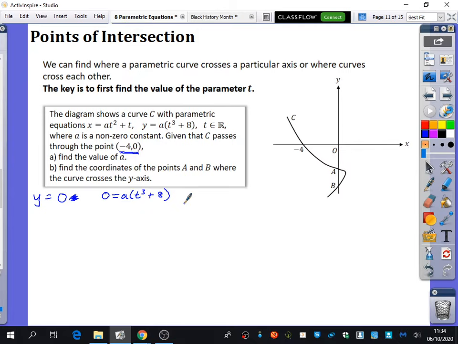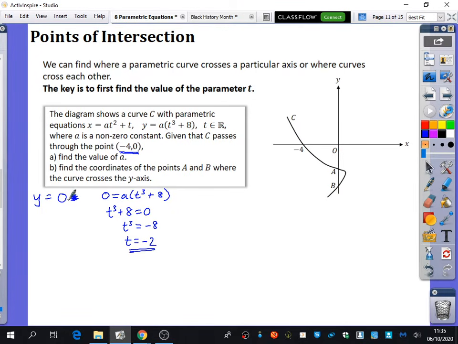T is going to be equal to -2, because either a is equal to 0, but we know that a is not equal to 0 because it's told us that in the question, or we know that t cubed plus 8 is equal to 0. So t cubed is -8, which means that t is -2. Obviously, when you take the cube root of a negative number, it's a negative, because -2 times -2 times -2 is -8.